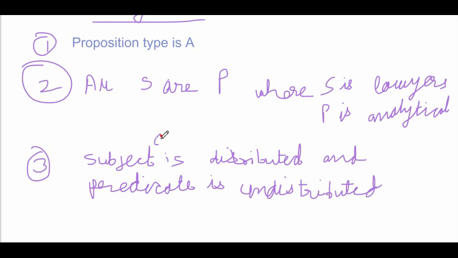Subject is lawyers. Predicate is what? Analytical. So we can write the term analytical is undistributed, which is the predicate, and the term lawyers is distributed, the subject. So we have covered this also.